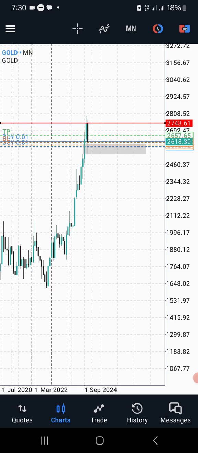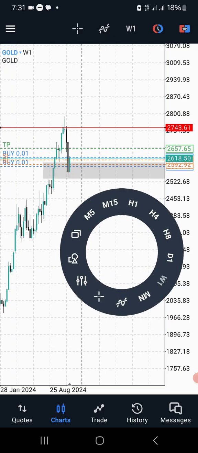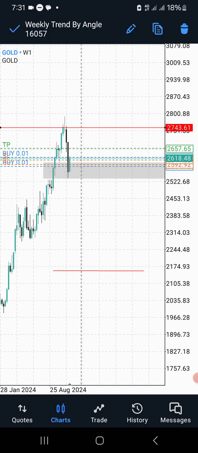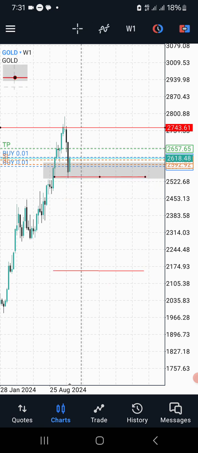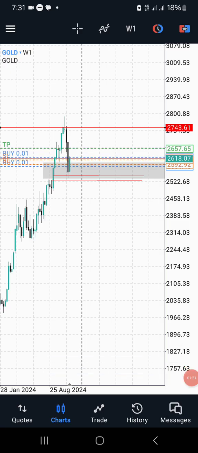And so I moved down to the weekly to refine the fair value gap. So on the weekly, what I saw was this fair value gap, which was embedded inside of the monthly fair value gap.